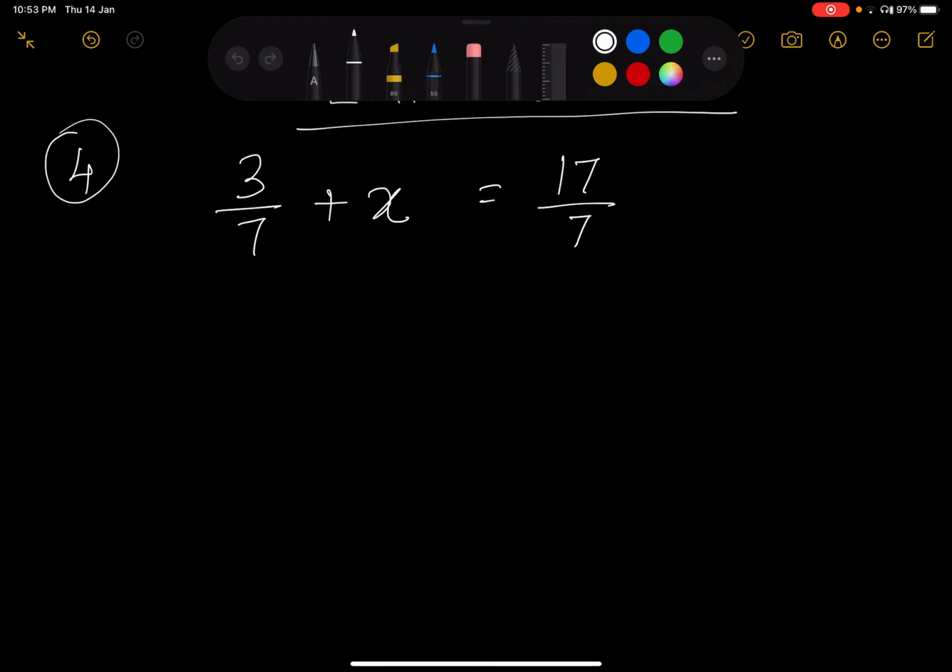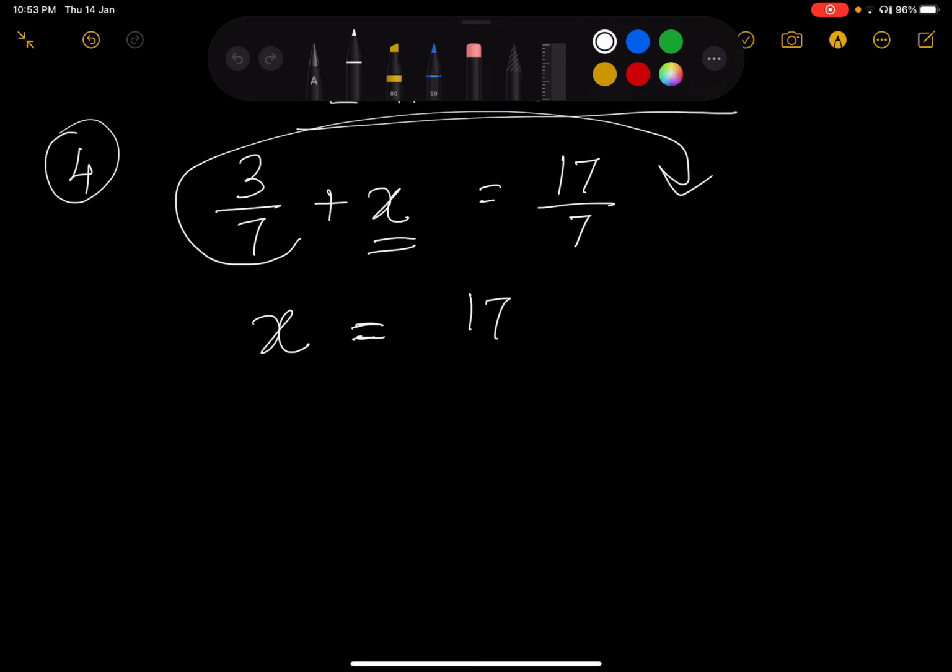You can see here, instead of the numbers, the fractional values are given. So the variable is x. So on the left hand side you keep the variable x as it is, and take this fraction, that is 3 by 7, to the right hand side.